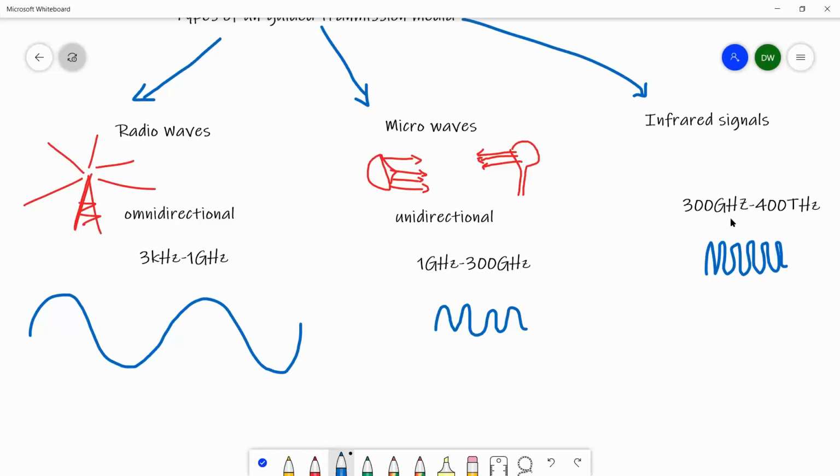Mobile phones use this kind of infrared signals to send and receive files. When we use that, if we have an object in between, we cannot send or receive data, right? So remember all those things about these different types of transmission media, right?